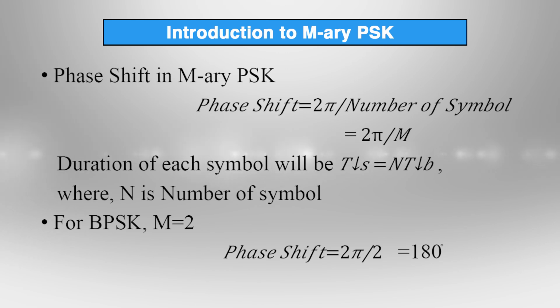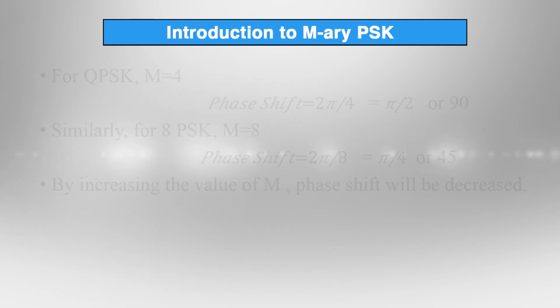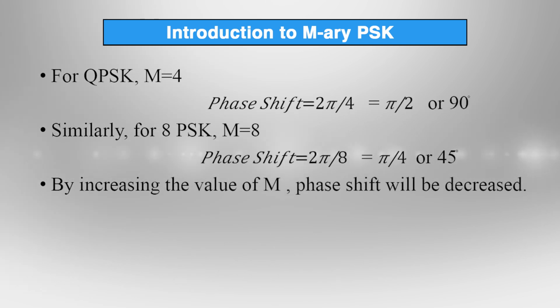Therefore, the phase shift for BPSK, that is M is equal to 2, as in BPSK we have only two symbols, either 1 or 0, will be 2 pi upon 2, that is pi or 180 degree. For QPSK we have M equal to 4, that is we have 4 symbols, that are 00, 01, 10 and 11.